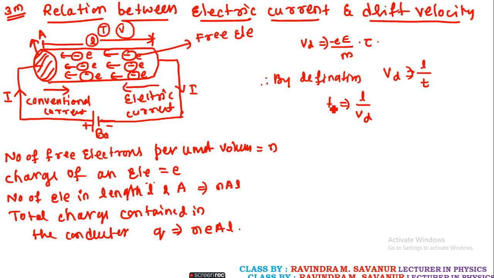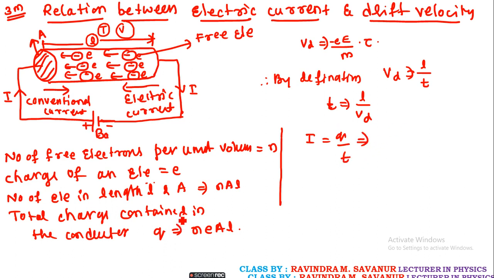Now t stands for time, L stands for the length of the conductor, and Vd is the drift velocity. And by the definition of current, I equals Q by t.